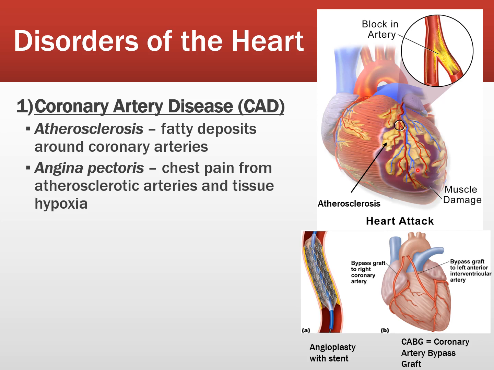And then specifically, you can get just chest pain, and that's angina pectoris. So chest pain from this atherosclerotic buildup, where the tissues just get a little bit hypoxic, where they don't get enough oxygen, and you have some pain in that area.